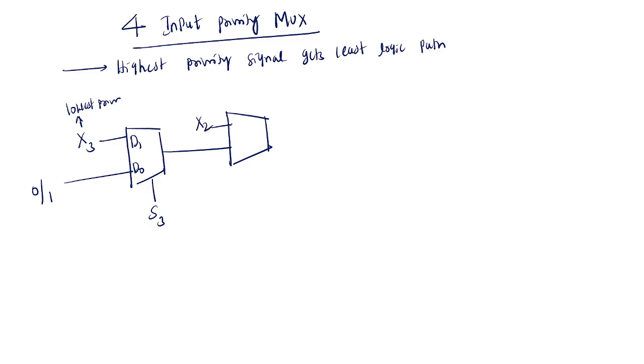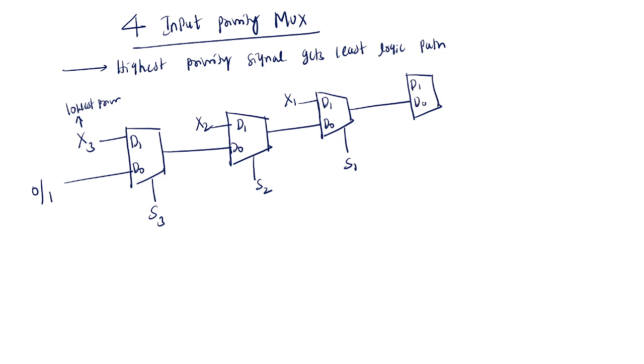So this is x2, d1, d naught, s2, and this output is given to one more mux, x1, d1, d naught, and s1, and this is given to one more mux with d1, d naught, the output y, and s naught.